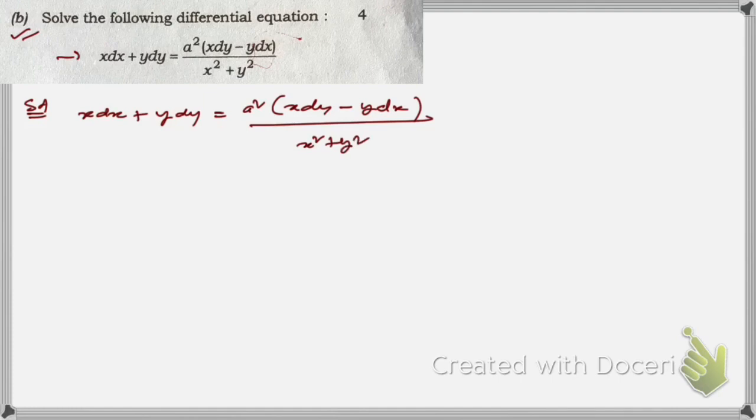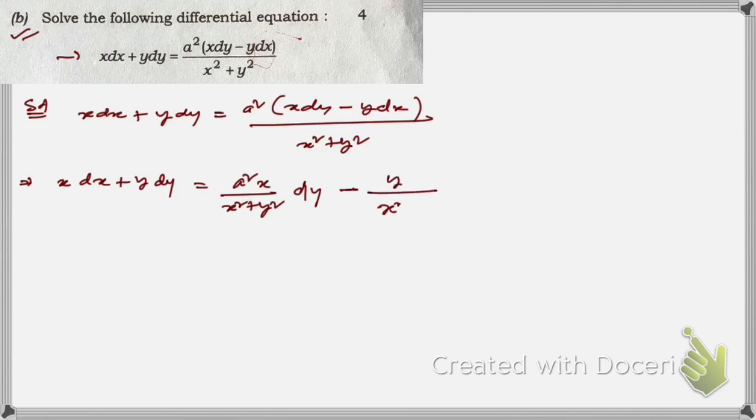Here, if you simplify this, we get x dx plus y dy, and here you will get a square x by x square plus y square dy, then minus a square y by x square plus y square into dx, right?